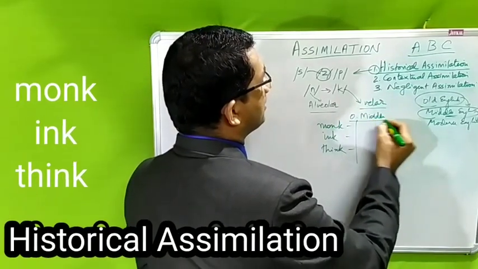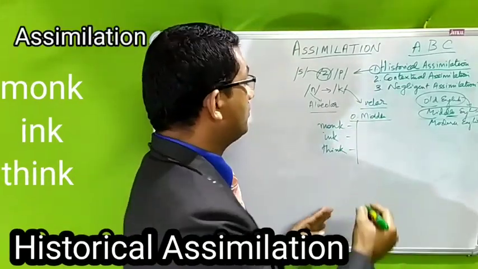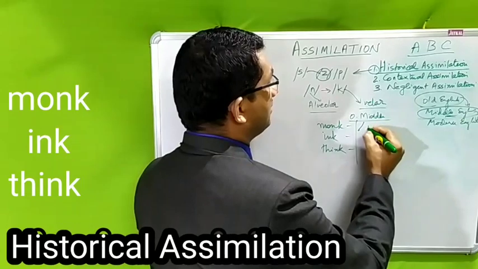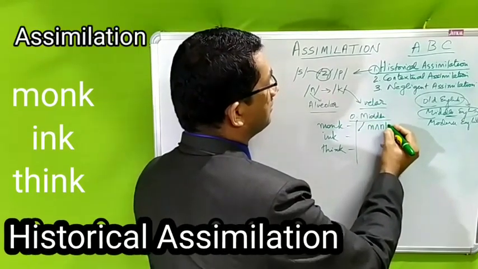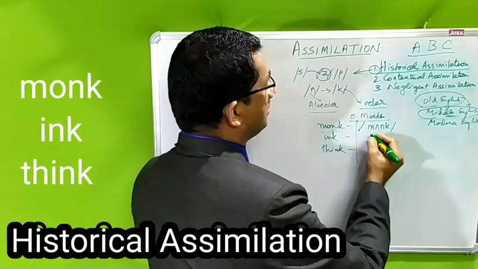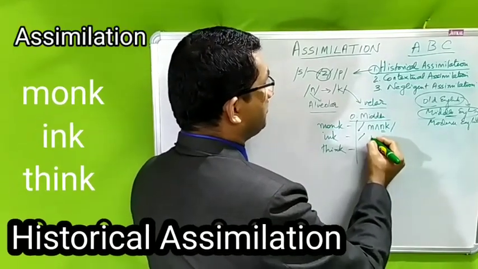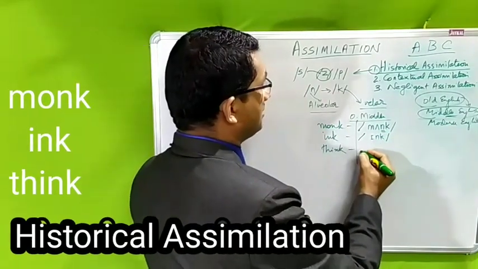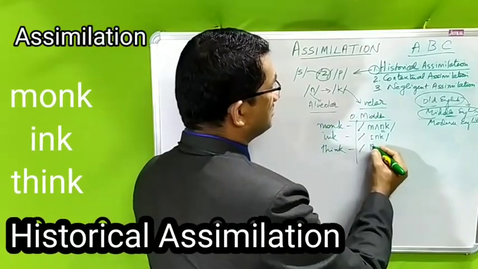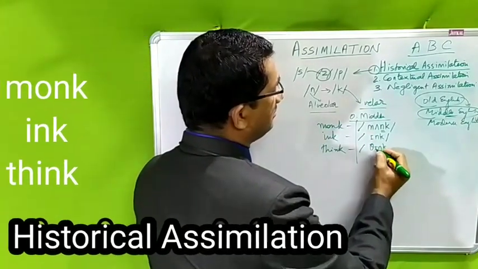During those periods, the first word was pronounced monk, with the alveolar n. Similarly, it was pronounced ink, and similarly think.